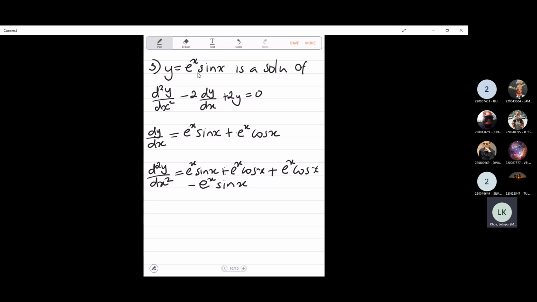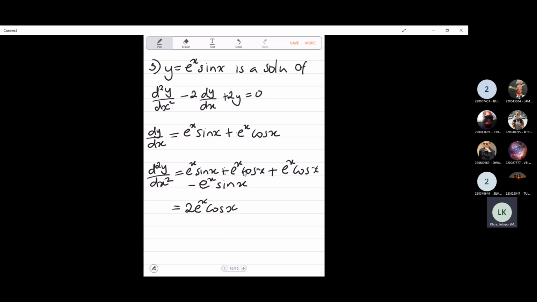You can see e to the power of x sine x, one is positive, the other one is negative, so they will cancel. So this is 2 e to the power of x cos x.